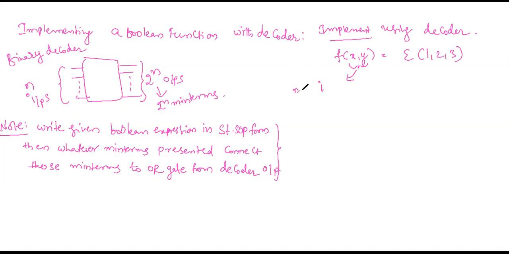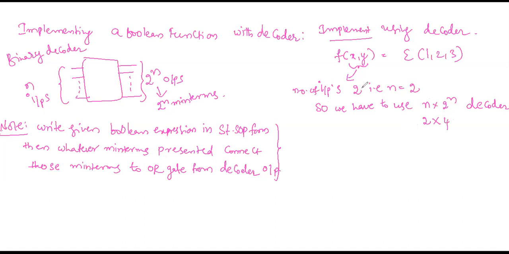Number of inputs is 2, that is n is equal to 2. So we have to use n cross 2 to the power of n decoder, nothing but 2/4 decoder for the implementation.